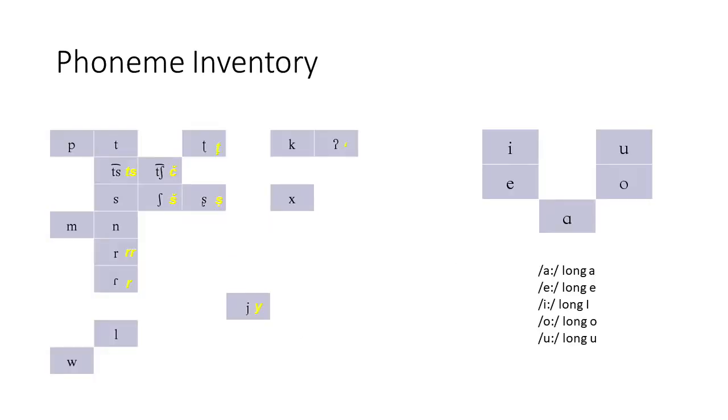So this is just the phoneme inventory of Rumsien. So in Rumsien, you have lots and lots of sounds, as you know. So I put in yellow what the orthography looks like. The things that are in black, that is the IPA, the International Phonetic Alphabet symbol. This is what linguists use to describe any sound in any language.